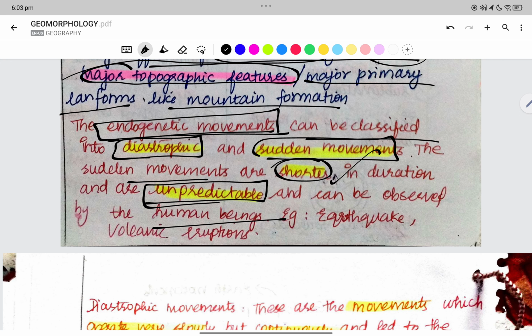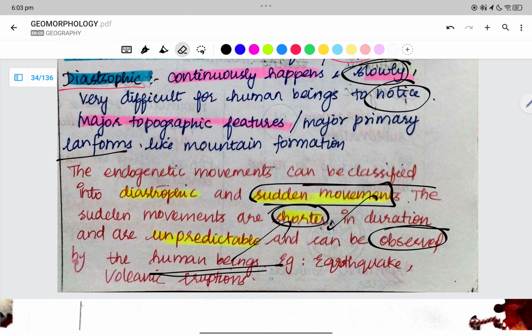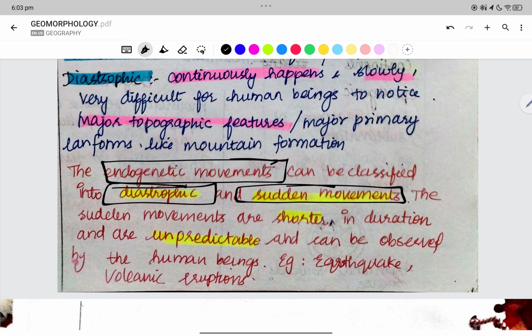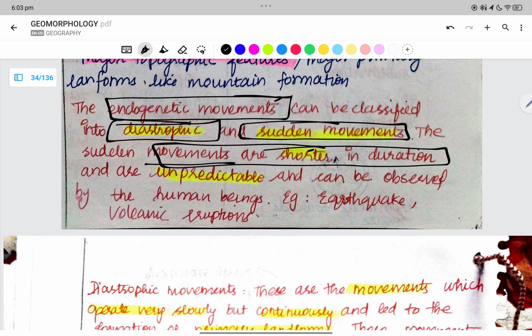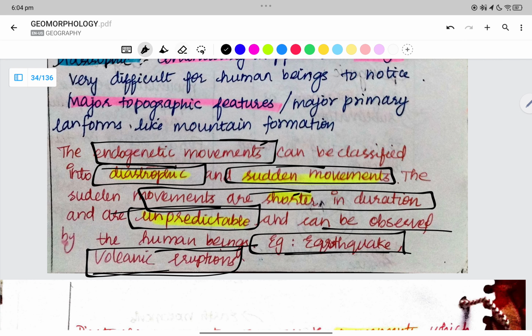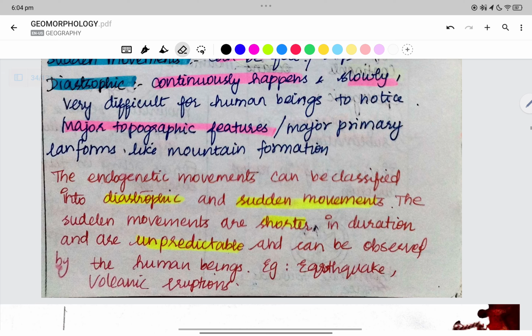We cannot predict them. An example is the earthquake and volcanic eruptions.